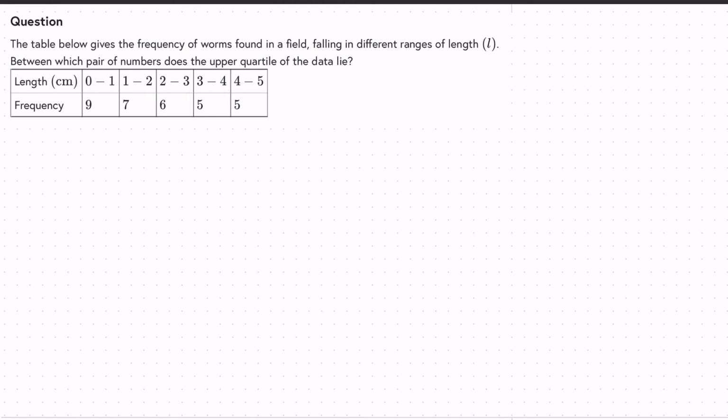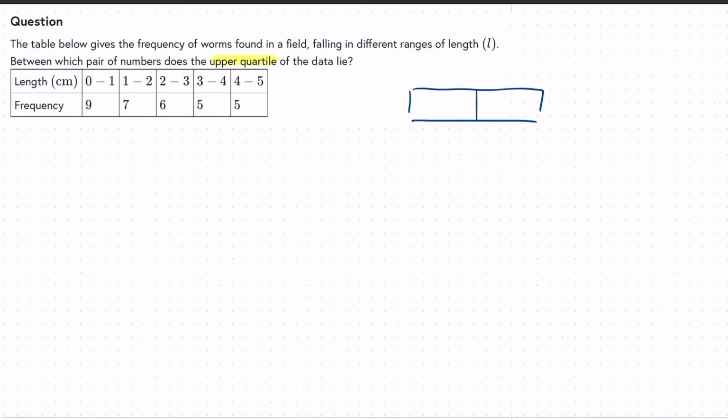In this next question, we are asked to find between which pair of numbers the upper quartile lies. Now the upper quartile, remember, comes back to the idea of dividing a set of numbers into 4 equal parts.